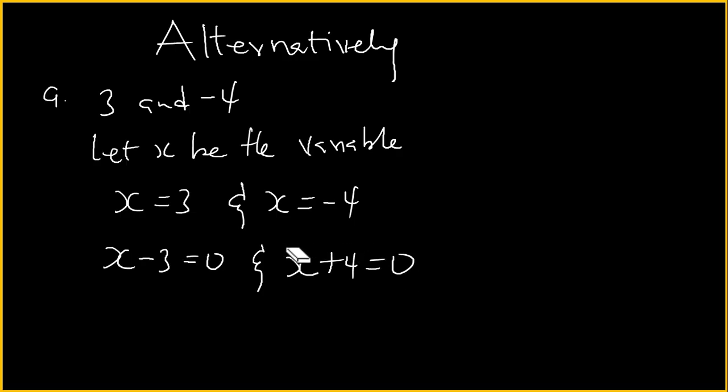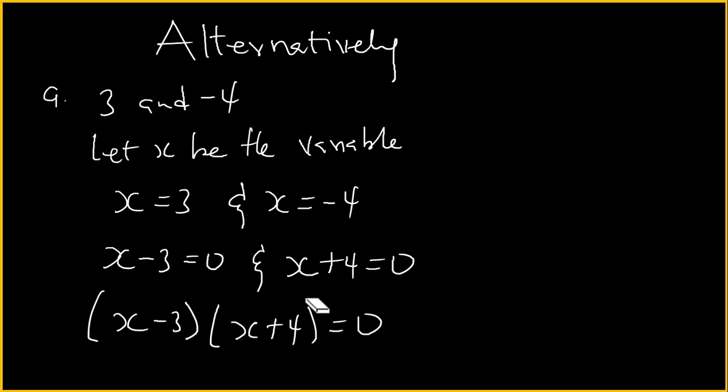So these two factors can be grouped in two brackets. So in the bracket x minus 3 as the first bracket, the second bracket x plus 4, all equal to 0. These two separate brackets could be expanded by taking off the brackets, which is multiplying these two brackets.